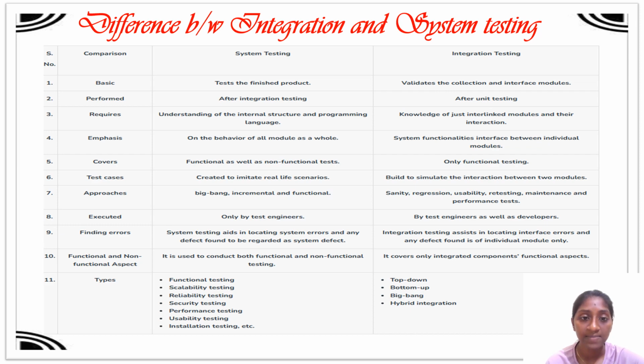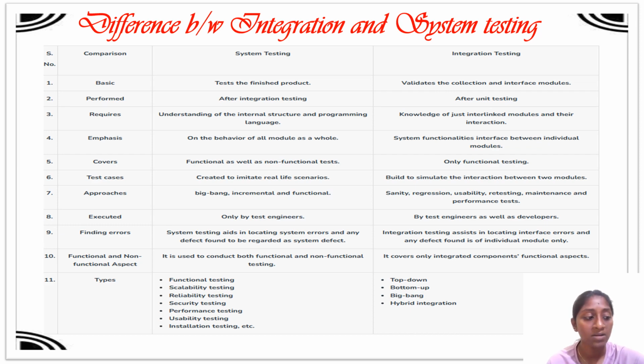Here are a few types which are included in system testing. They are functional testing, scalability testing, reliability testing, security testing, performance testing, usability testing, installation testing, etc. Some of the types included in integration testing are top-down, bottom-up, big bang, and hybrid integration.